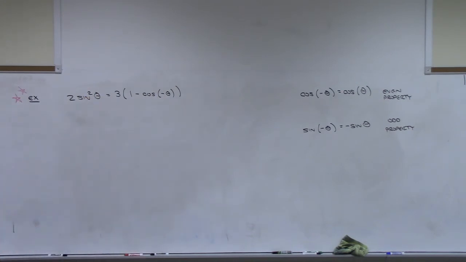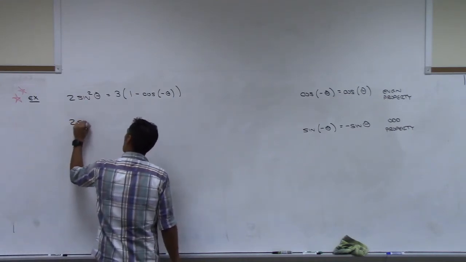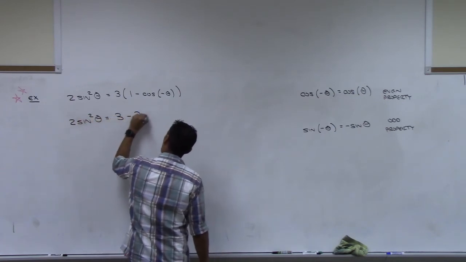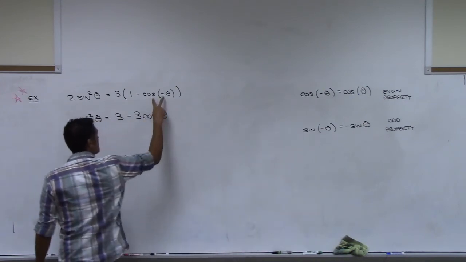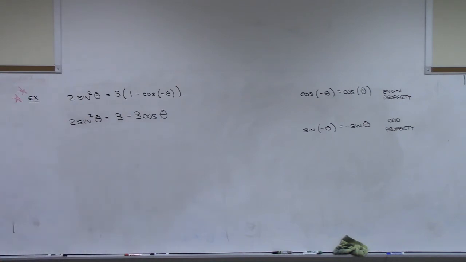There's nothing wrong with me doing that, right? Okay, so let me start with that. Let me also distribute that 3 through. So I did 2 things at one time there. I changed this over to cosine theta, and I passed the 3 through. Any suggestions here on how to proceed?